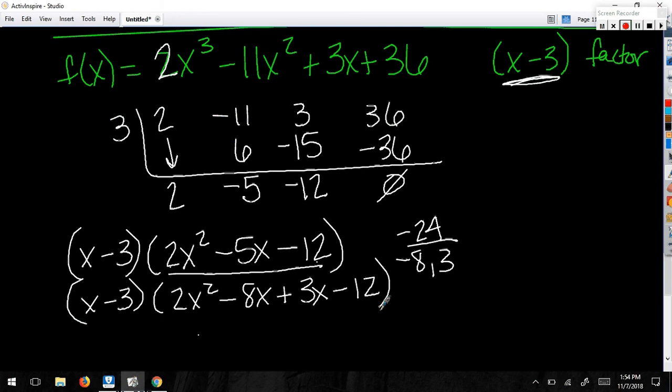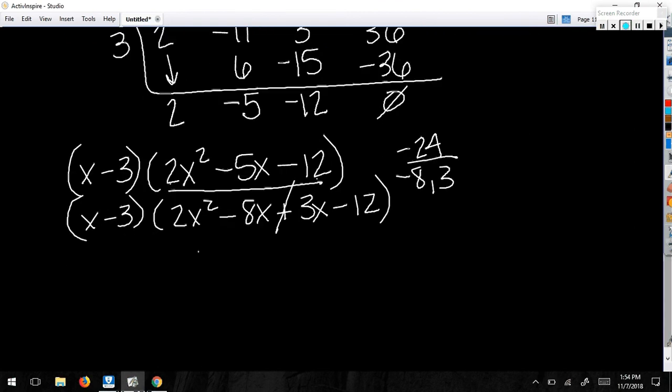Is anybody confused? Rewrite it? Yep. So, no, don't feel dumb. What do we take out of the first 2? 2x. What's left when we take out 2x?